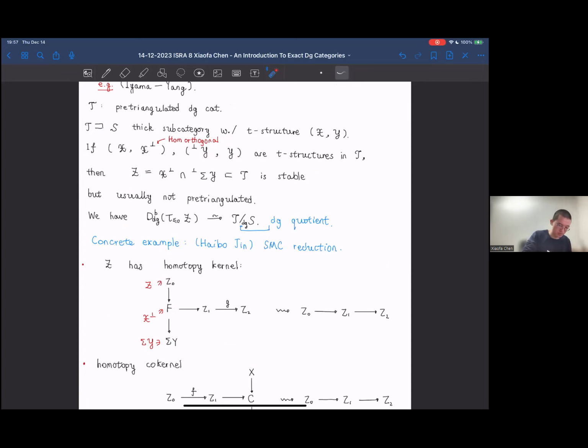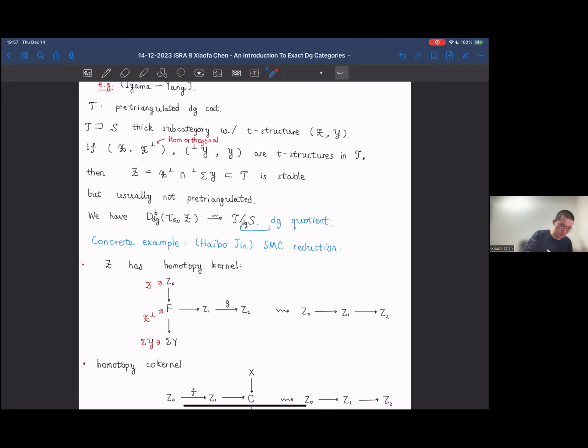Here F is in the right orthogonal of X, and Y is in the right orthogonal of X. And so as an extension of F and Y, Z0 is in the right orthogonal of X. And because we take this triangle using this T-structure, this lives in the left orthogonal of Y. So it is in Z. Okay.